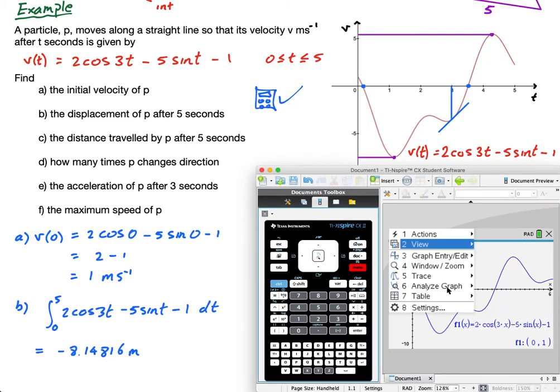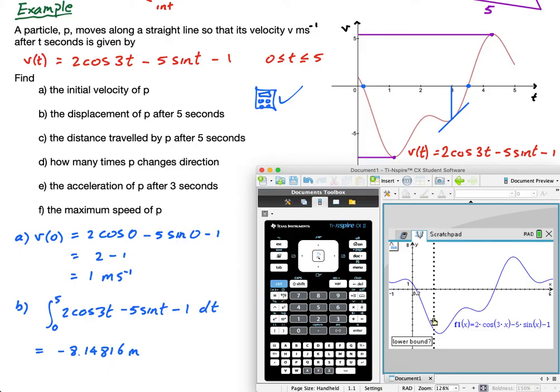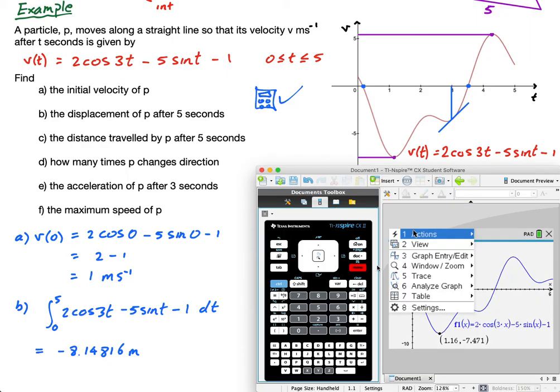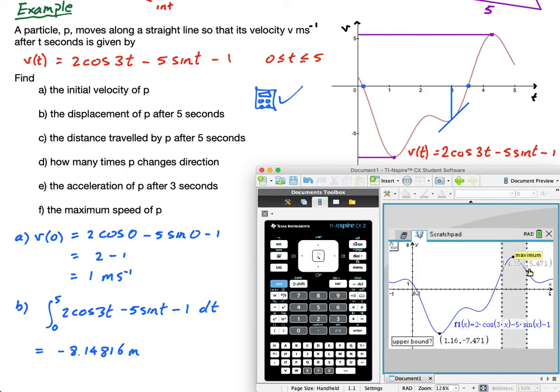And we do our menu, analyze graph. I'm going to get my minimum, lower bound, upper bound. So here it's negative 7.471, and for this one, I'll do the maximum, it is 5.471.